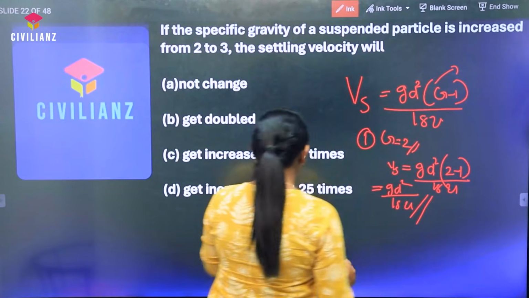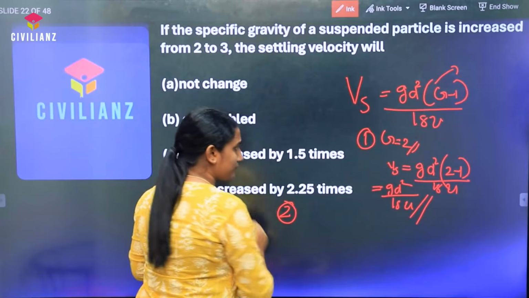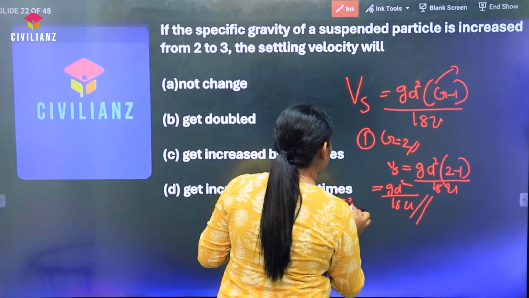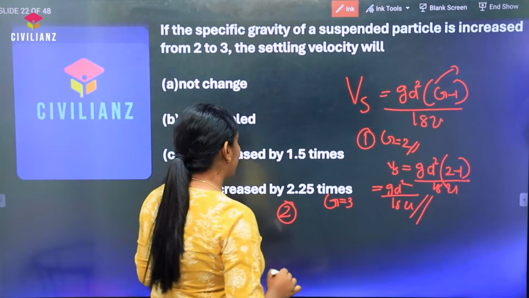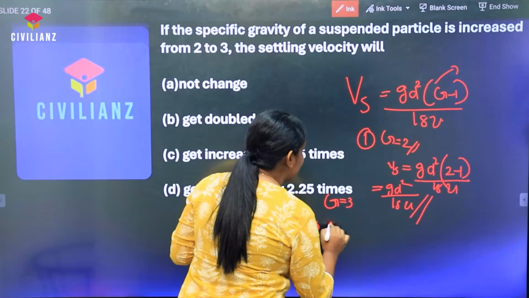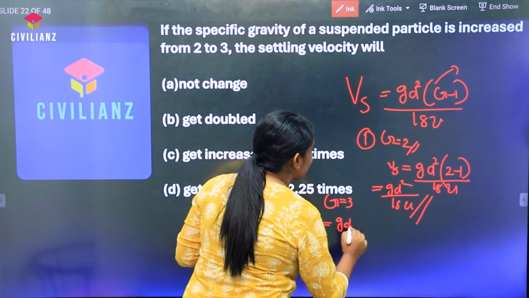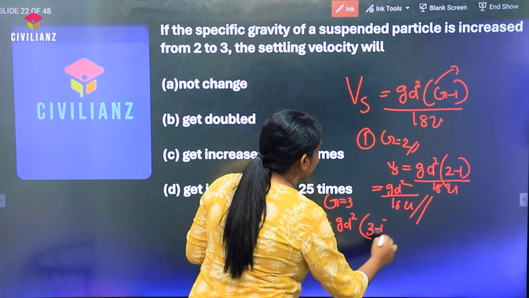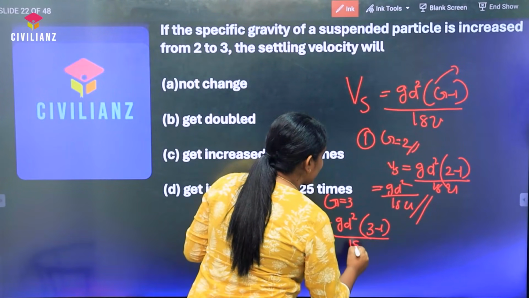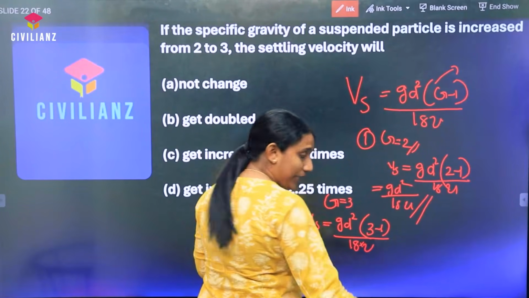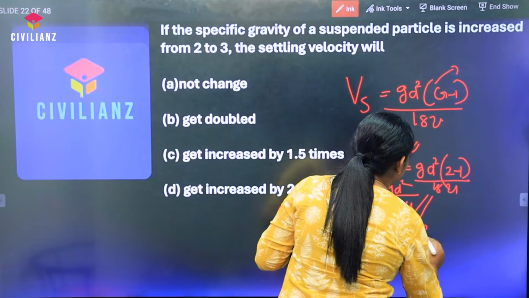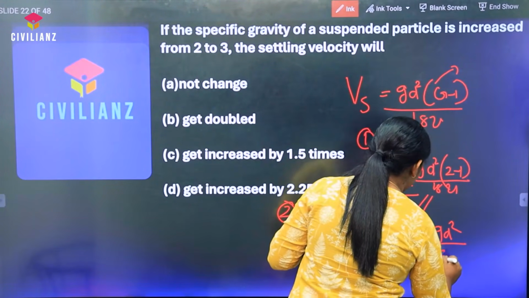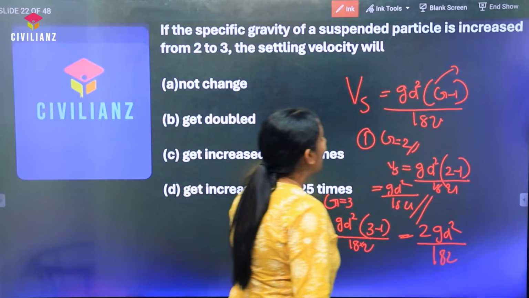In the second case, G equals 3. So Vs equals g d square (3 minus 1) divided by 18 mu, so we can write 2 g d square divided by 18 mu. What's the difference?